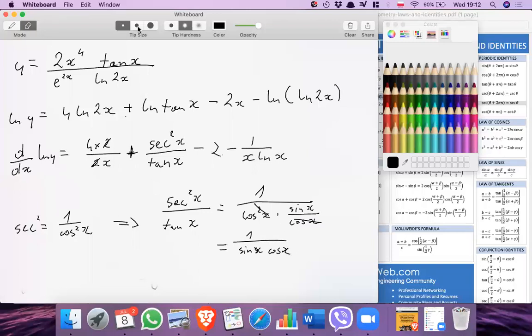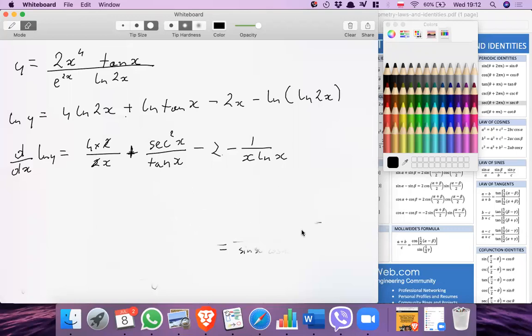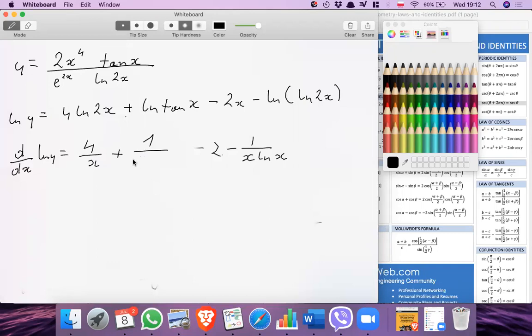So again, I can replace secant squared x by this expression, which is what I'm going to do. And I'll also tidy this a little bit. So that's 4 over x plus 1 over sine x cos x, and then minus 2 ln x.